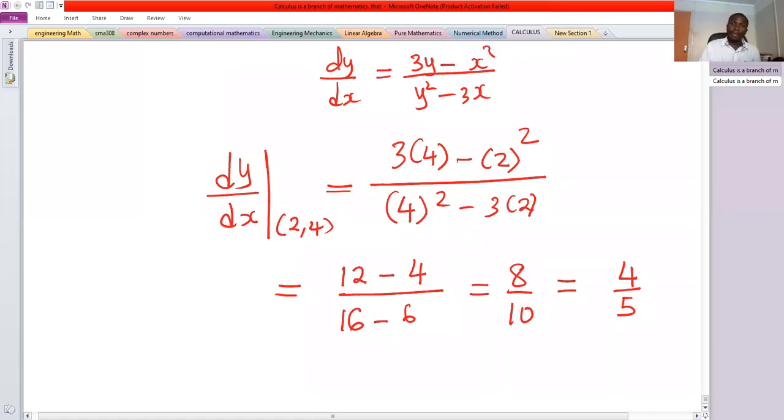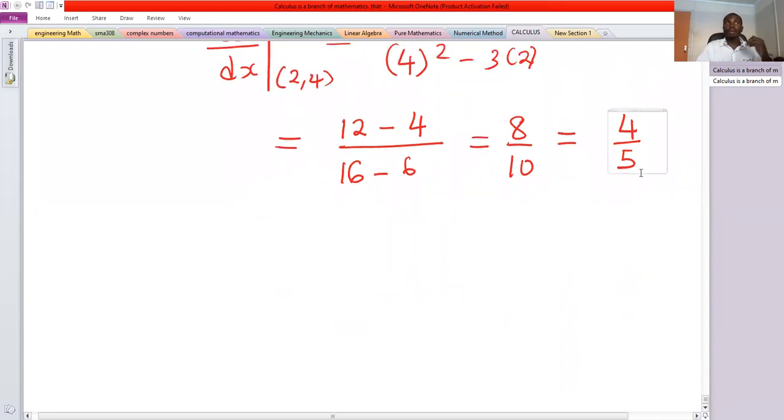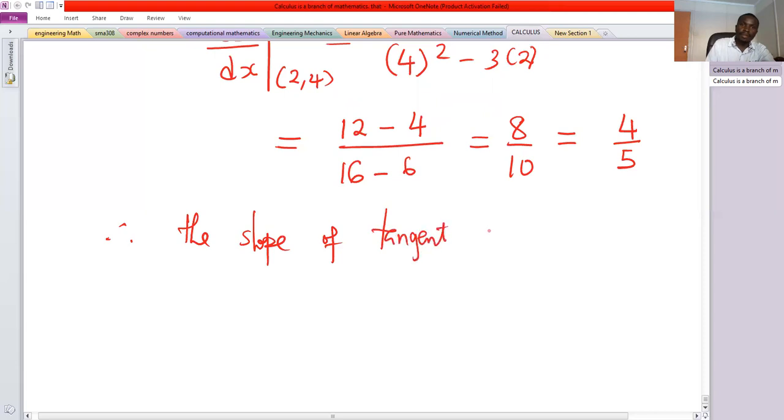Remember, the slope of the curve at the point of tangency is the same as the slope of the tangent line. So the slope of the tangent at (2, 4) equals 4 over 5. Let's call this one M1.